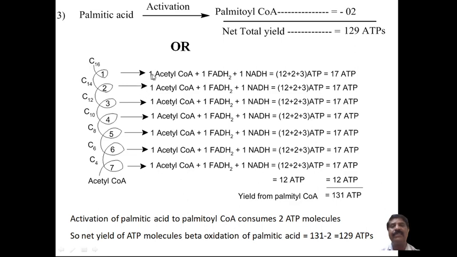And this is a repeating cycle. It takes place continuously for 7 cycles. Therefore 7 cycles means it will form 17 each time.